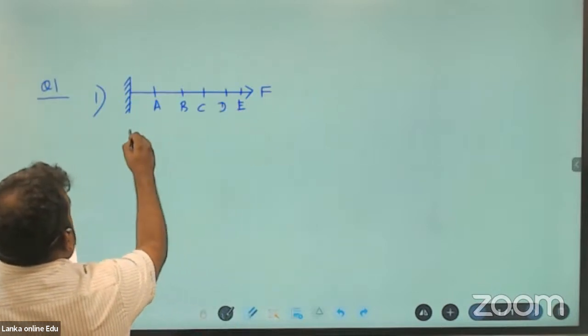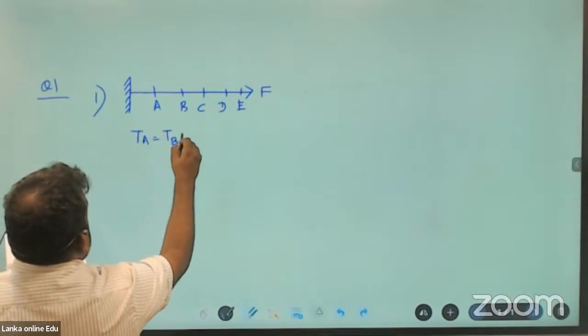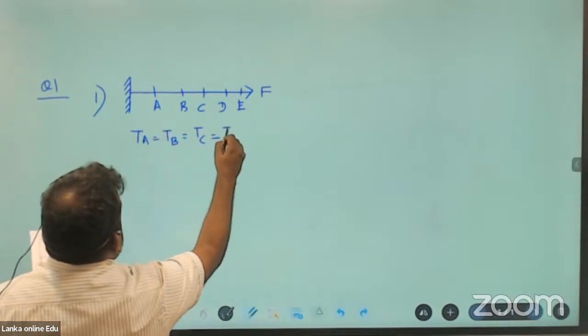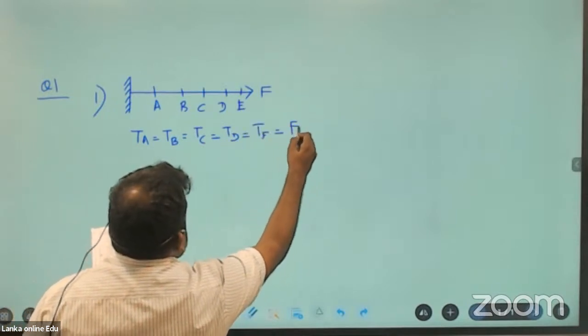Everywhere the tension will be the same. Tension at A equals tension at B equals tension at C equals tension at D equals tension at E, everything is equal. No change.